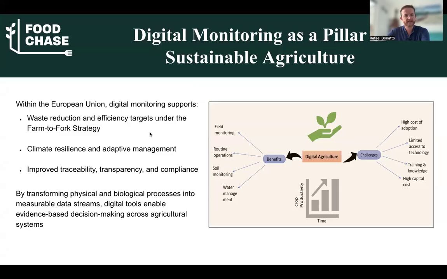Within the European Union, such digital tools support waste reduction, climate resilience, and adaptive management, understanding the management must be adaptive because the climate is changing, okay? Improved traceability, transparency, and compliance, very important. And by transforming physical and biological processes into measurable data streams, digital tools enable evidence-based decision-making across agriculture systems.